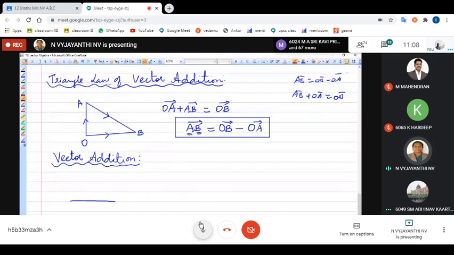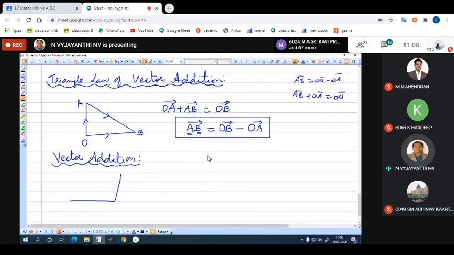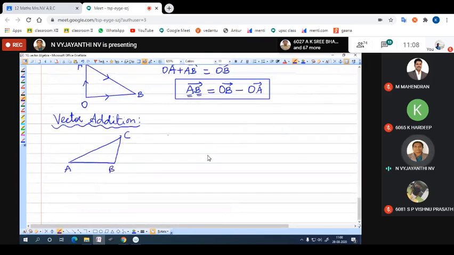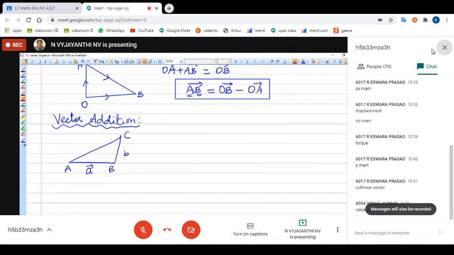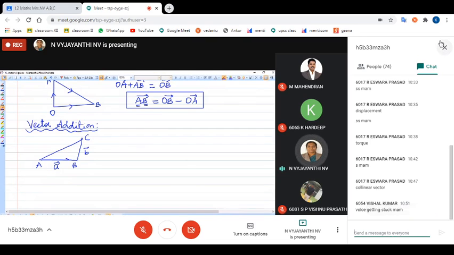So Amravati to Udumalpet, Udumalpet to Palani is directly equal to Amravati to Palani. So if AB vector is A vector and BC vector is B vector, we have to be very particular about the direction.